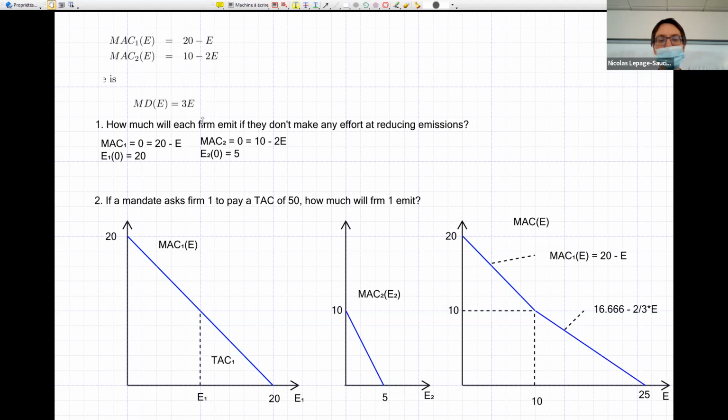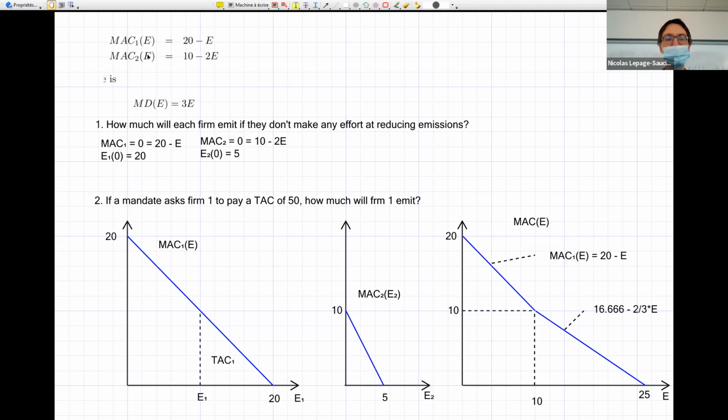So how much will each firm emit if they don't make any effort at reducing emissions? Question 1. For that, you just take 20 divided by 1 is 20, 10 divided by 2 is 5. That's the dirty little trick that you can use. Where does that come from?